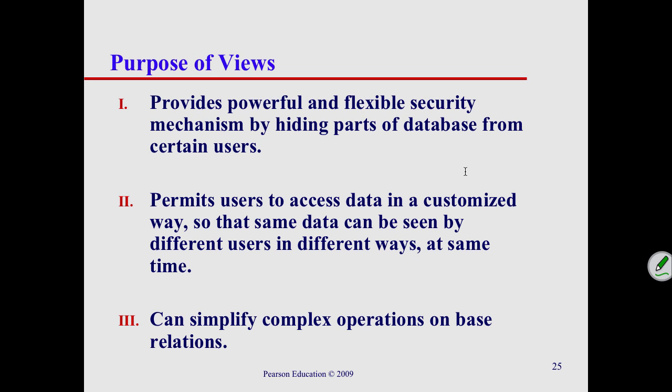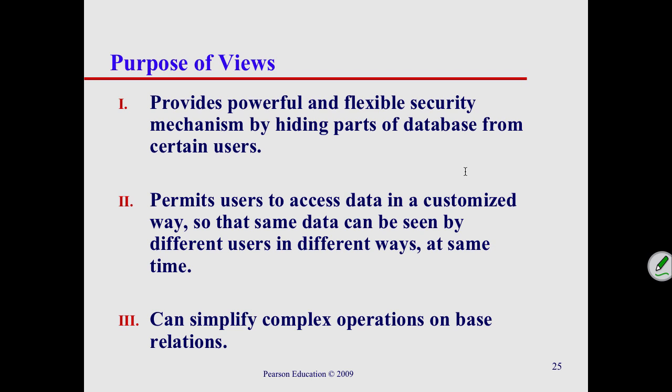Okay, and as we talked about the first day, some of the purposes: they provide a flexible security mechanism so that different people are able to see different slices of the database. So for example, the manager at one branch perhaps should only see the information related to staff at that one branch.